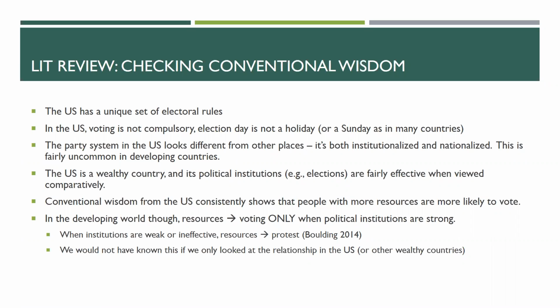If something like elections aren't working the way that they're supposed to, if they're not competitive, if the institutions are weak, those mobilized citizens, once they get resources, are not going to vote. They're going to go out and protest. And we wouldn't have known this if we were only looking at this relationship between resources and political engagement in the United States or in other wealthy countries.